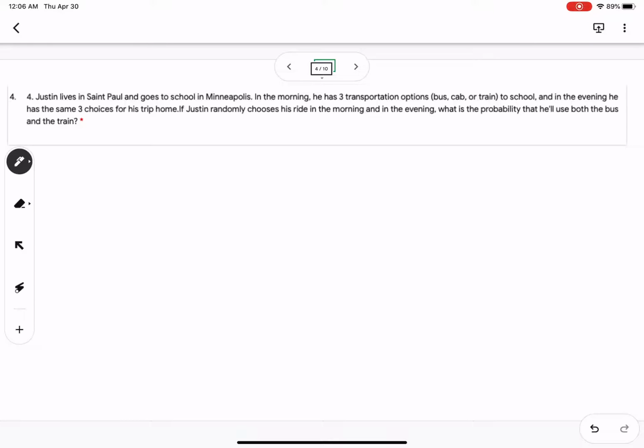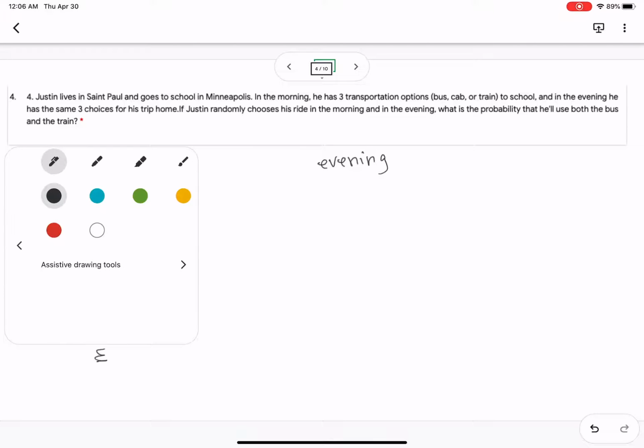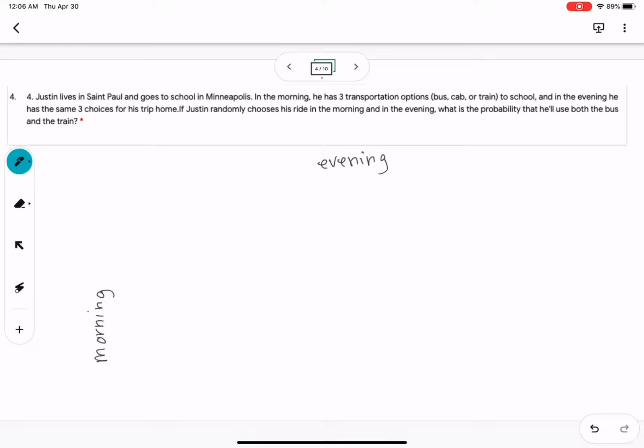So what I'm going to do is make that grid again, okay? Showing his options for the morning and the evening. Now remember, he's got the same 3 options for both, right? So he could ride the bus, cab, or train for both.